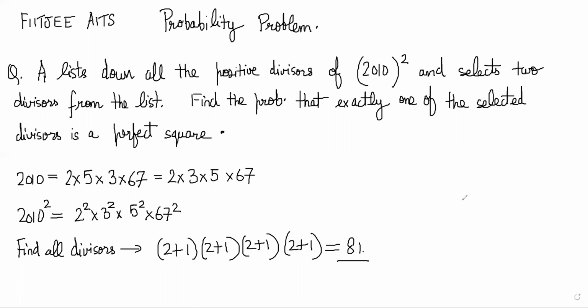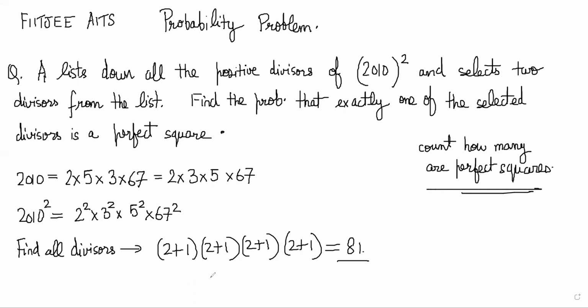Now our job is to count how many of these divisors are perfect squares. Great. So how do we do that? Let's do that on the next page. 2010 square is equal to 2 square into 3 square into 5 square into 67 square.